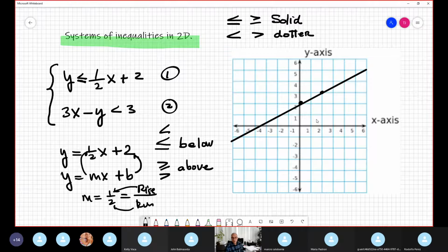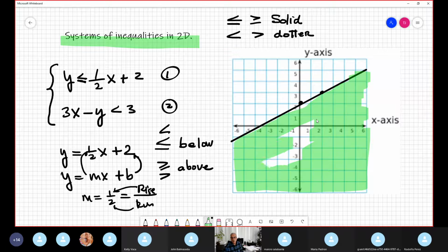Okay, so it's below. And below is something like that. Below the line. Include the line. Of course, include the line. And this is the reason it's solid. Actually, this line must be green, in order to complete the idea.